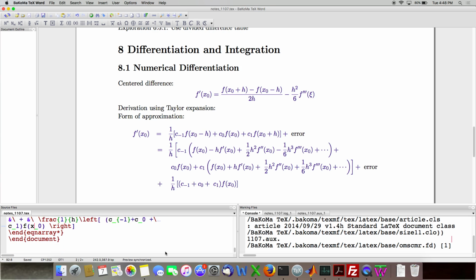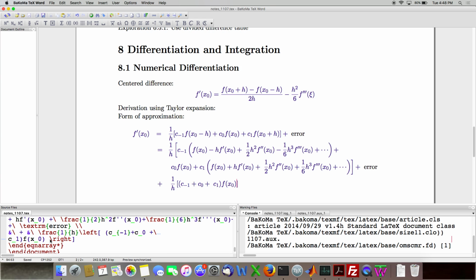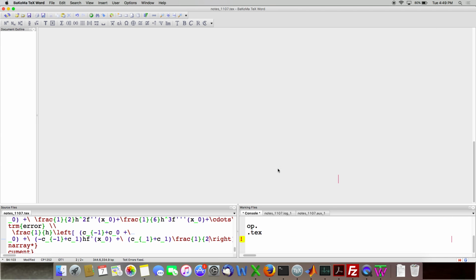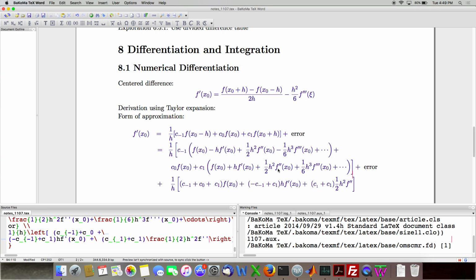So that will give me plus minus c minus 1 plus c1 times h f prime of x naught. And f prime of x naught is what I'm looking for, because that's what I have on the left side. Then I want f double prime terms. I have one here and here. So that's going to give me c minus 1 plus c1, 1/2 h squared f double prime.